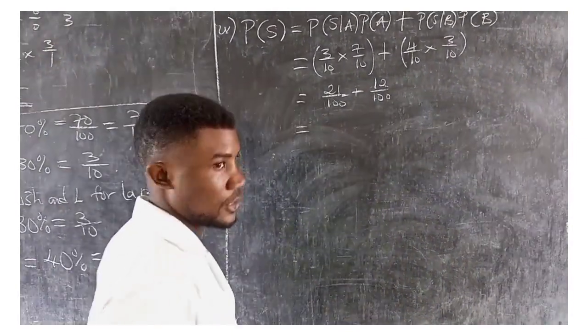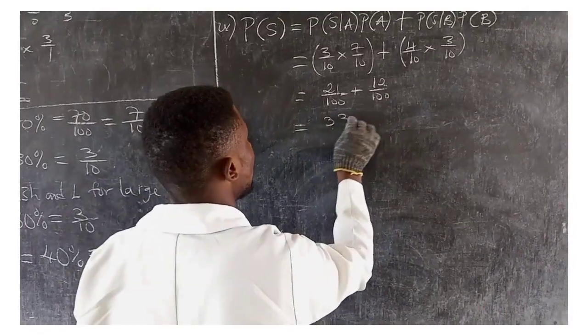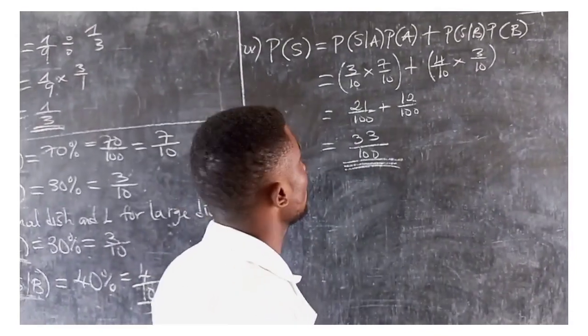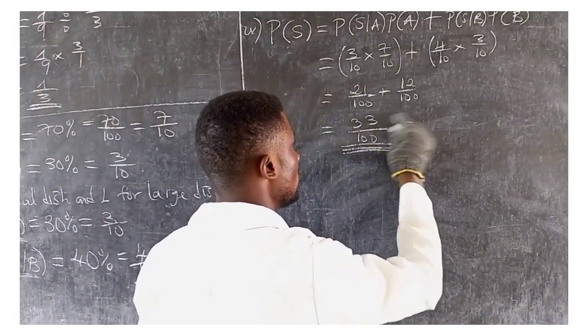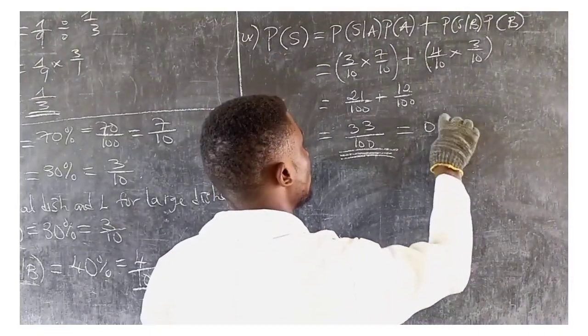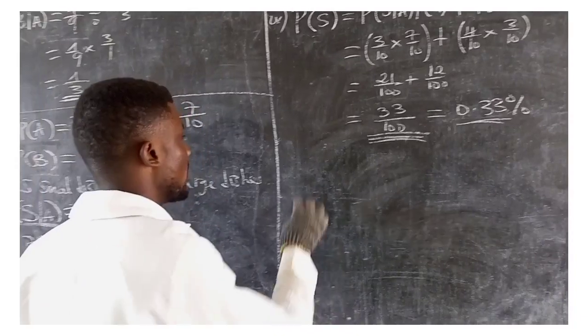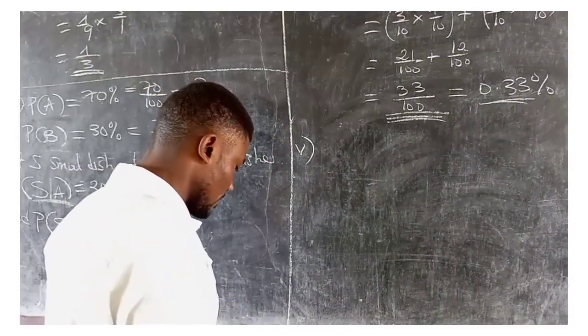We add those two fractions, it gives us 33 on 100 as the probability for a small dish to be chosen at random, or you can say it's 0.33.